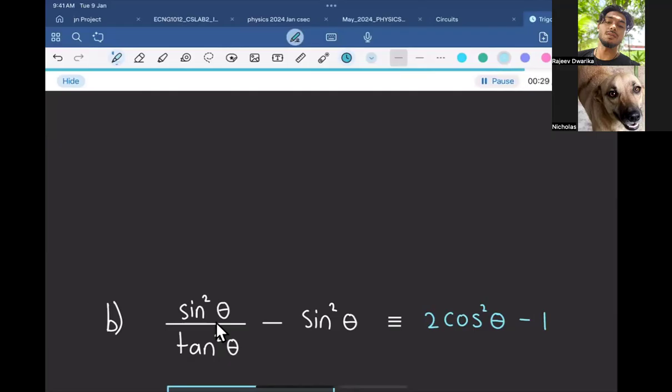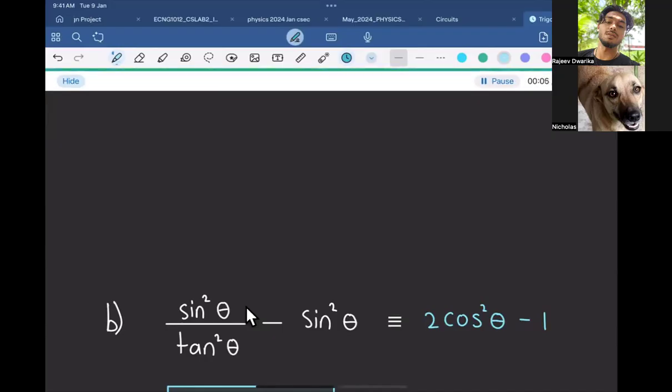Okay, let me check what you did there. All right, if you change tan squared theta to sine squared theta over cos squared theta, then you change it to division, right? Then you change that to multiplication. One thing, if you're doing that, try to use some brackets to separate it. So you see sine squared theta divided by sine squared theta over cos squared theta.